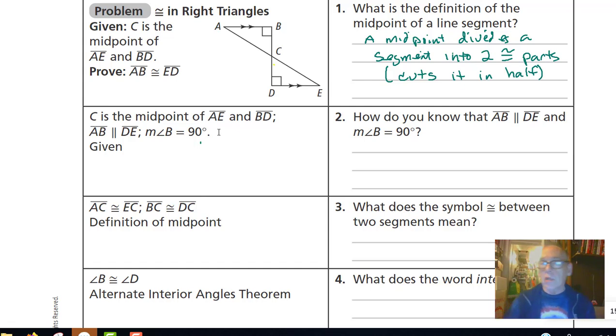That's an important thing you need to think about when you're looking for the given information that you can use. Okay, so how do you know that AB is parallel to DE and the measure of angle B is 90 is the question. Well, AB and DE are marked in the diagram as being parallel.